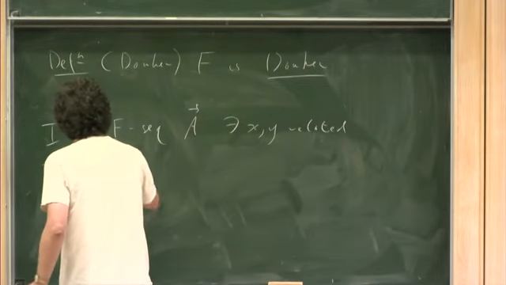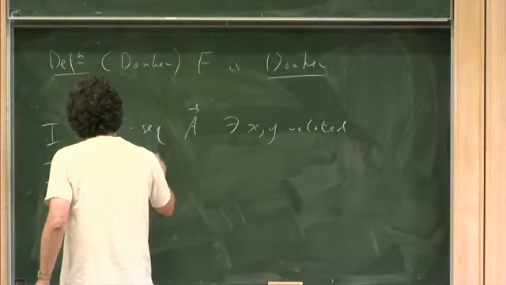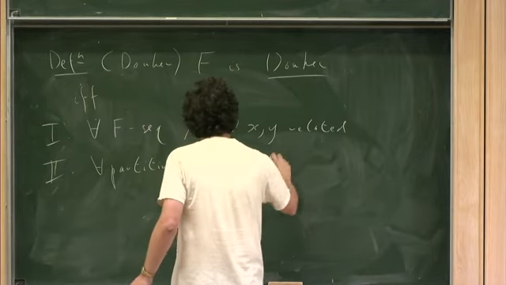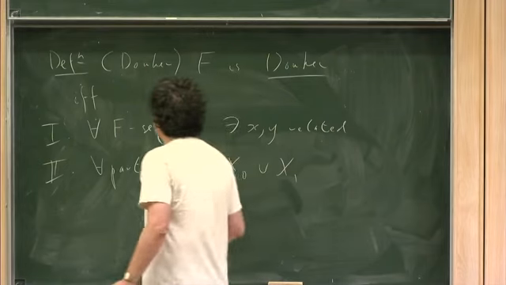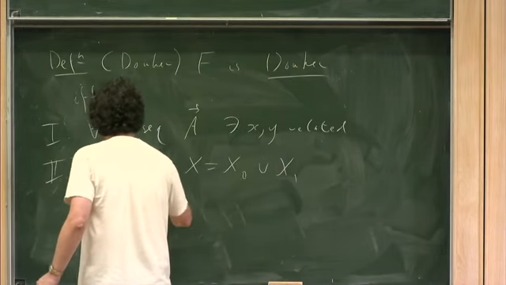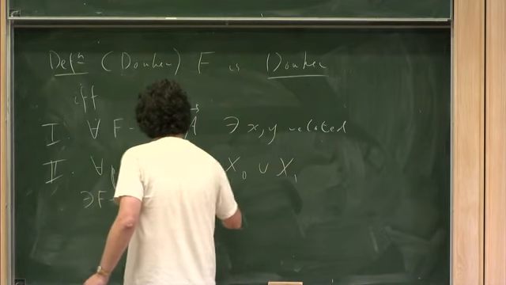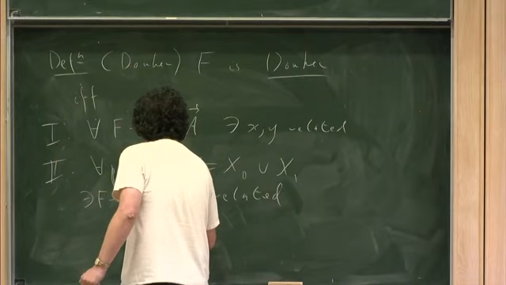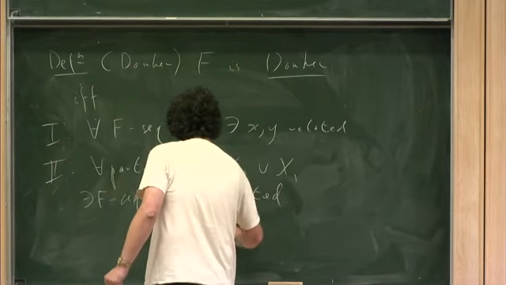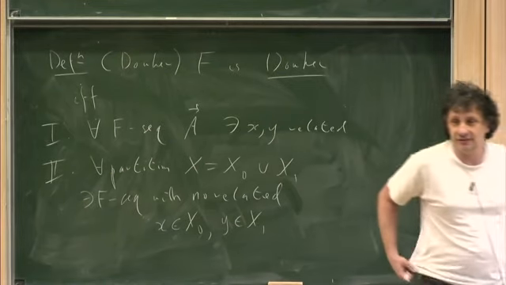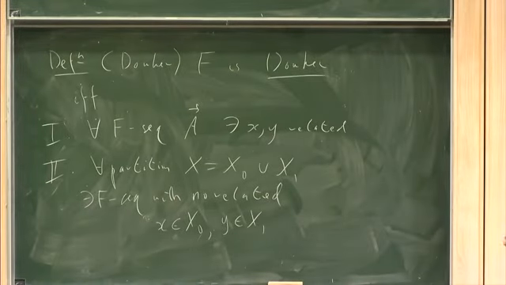Okay, but property 2 is saying you don't have property 1 for too trivial of a reason. So this one says for every partition of X into two pieces, X0 and X1, there is an F sequence such that you do not see a related pair where one vertex is drawn from one side of the partition and the other vertex is drawn from the other side of the partition.